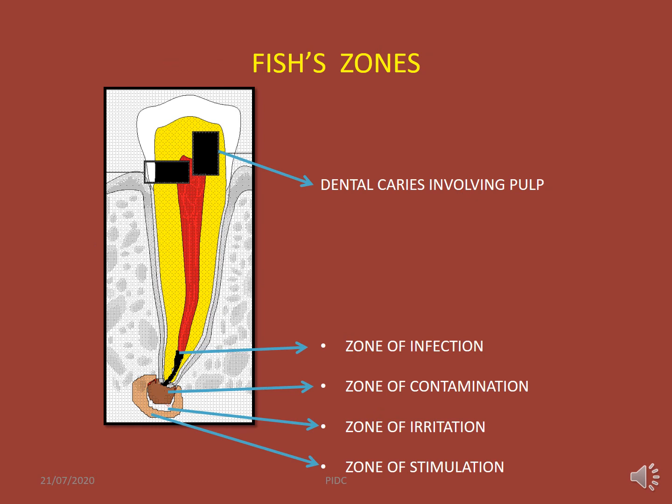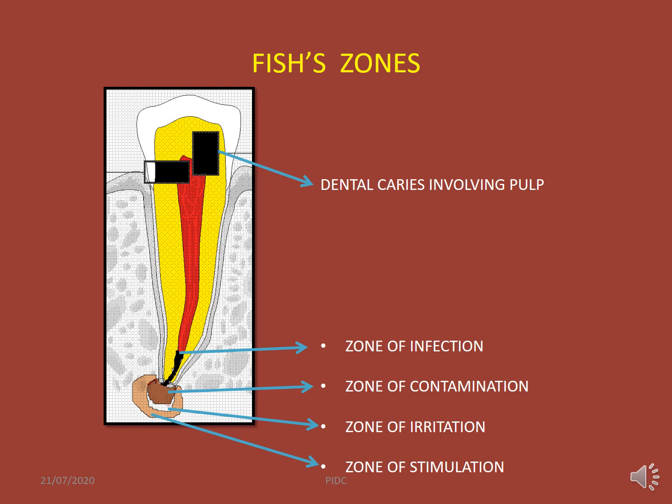If you compare this with a normal tooth, let's consider dental caries involving the pulp as the area where Fish placed the microorganisms. Whenever microorganisms enter the pulp tissue, which is the first stage, they start multiplying.